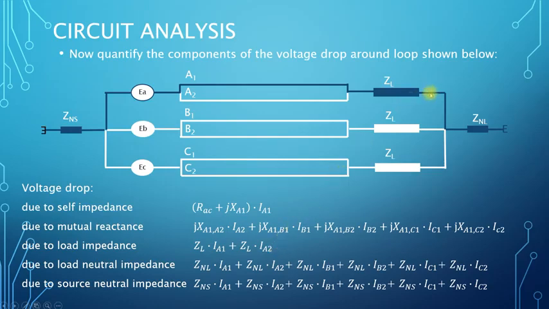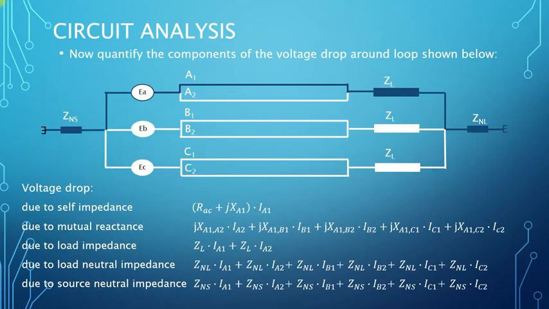Now the sum of IA1 and IA2 will flow towards the star point. The same will happen with IB1 and IB2, and the same will happen with IC1 and IC2. So the current which flows into the neutral impedance will be the sum of IA1, IA2, IB1, IB2, IC1 and IC2.